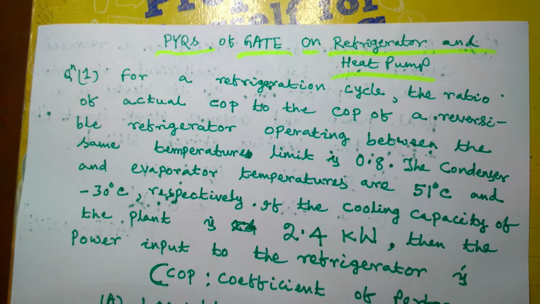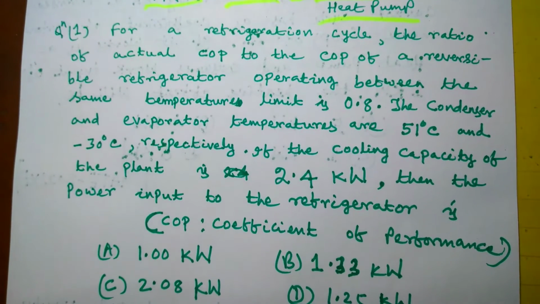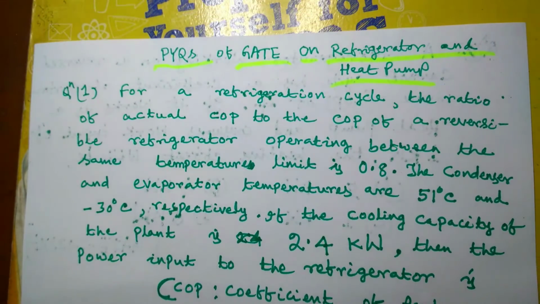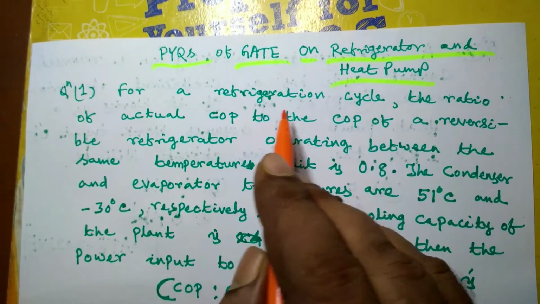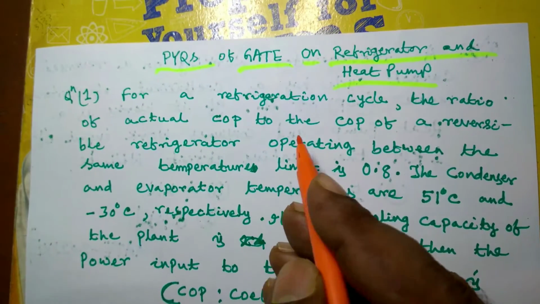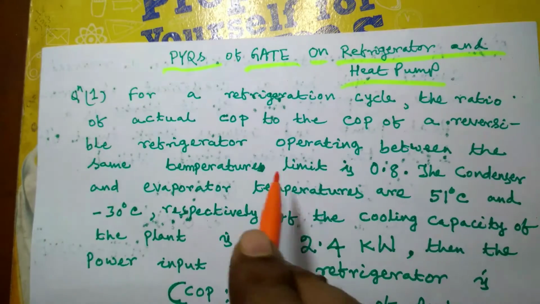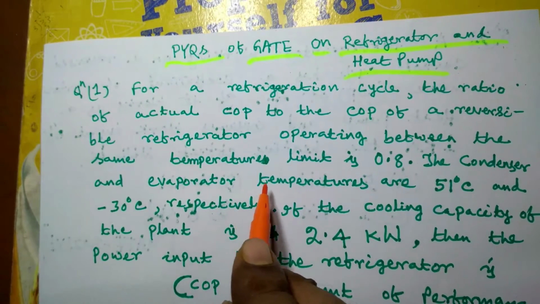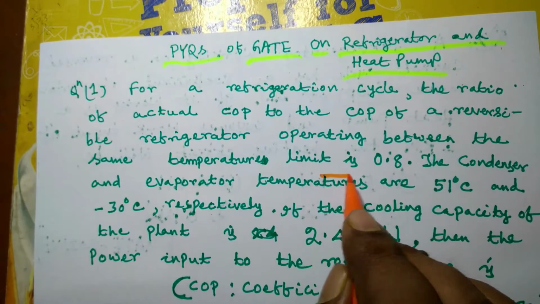Let's get started. You see, the first question was asked in the GATE 2021 XE, and the question was like this: for a refrigeration cycle, the ratio of actual COP to the COP of a reversible refrigerator operating between the same temperature limits is 0.8.